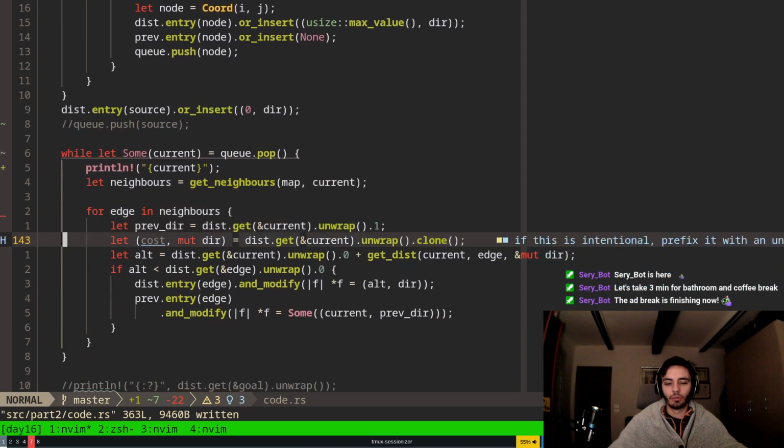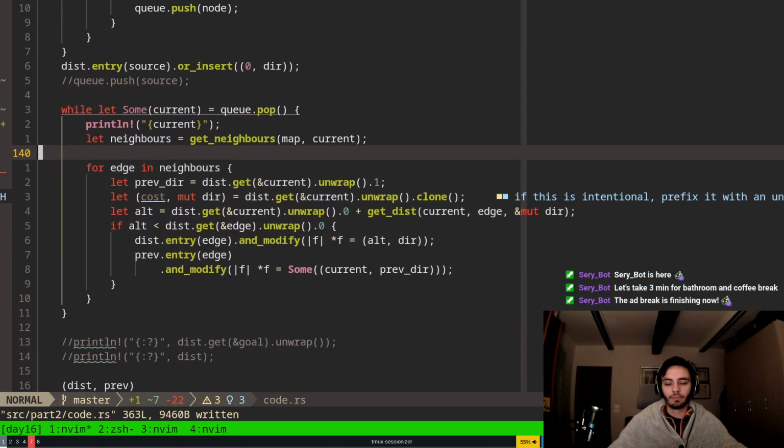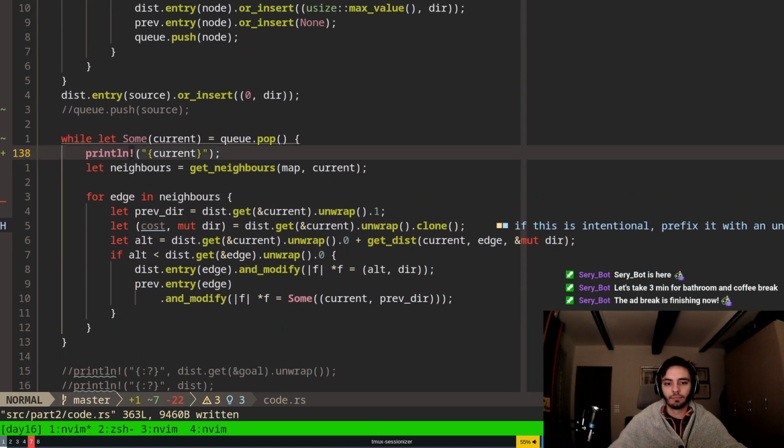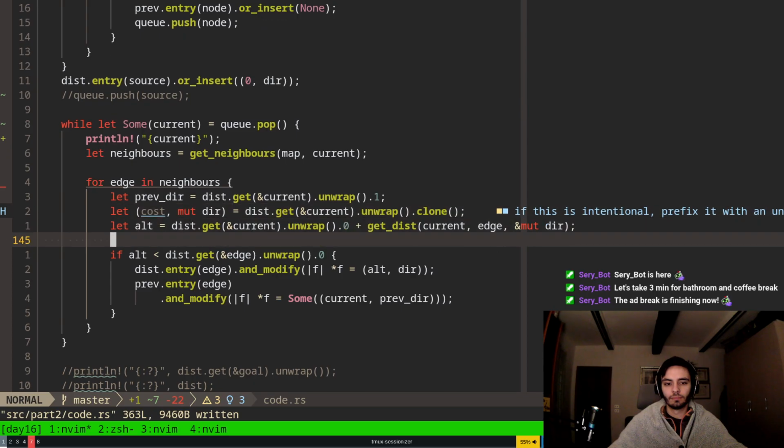Because we're printing only the current. Let's also print the costs. Let's see if it works out some way, because then we can see what's the big deal. And that would be like alt.